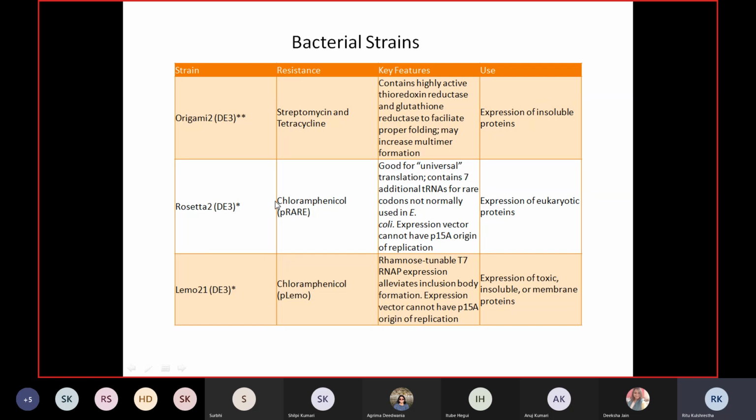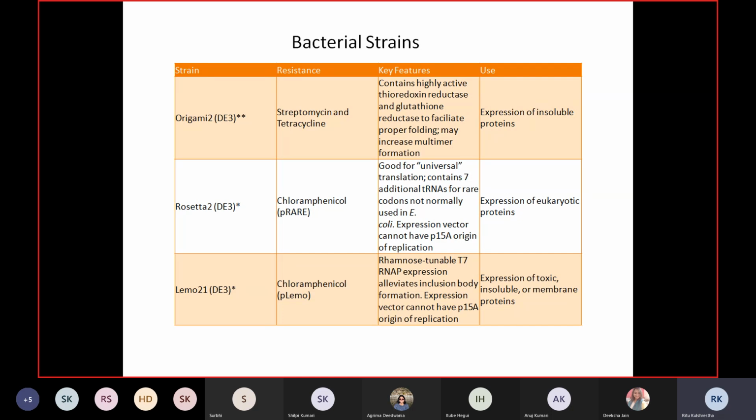So look at this particular strain. See what all scientists are doing to ensure that the protein is expressed properly. You must be knowing about codon bias, that certain organisms have a certain bias towards certain codons, and they have tRNAs which recognize those codons which are prevalent in that particular strain.